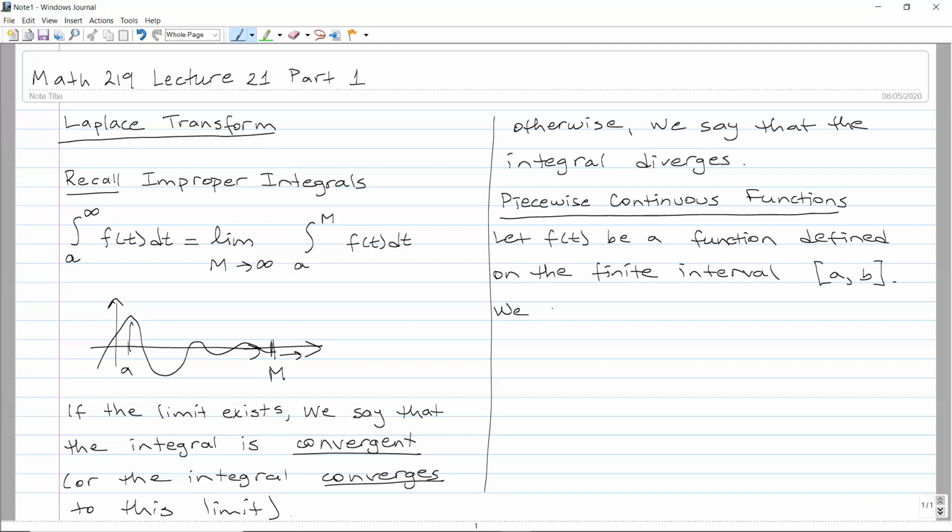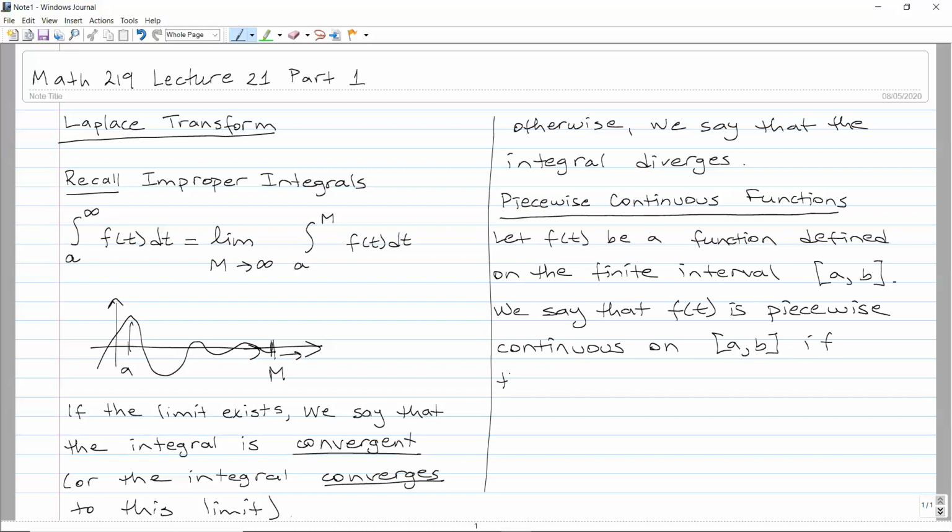We say that f is piecewise continuous on [A, B] if we can divide the interval into finitely many subintervals.